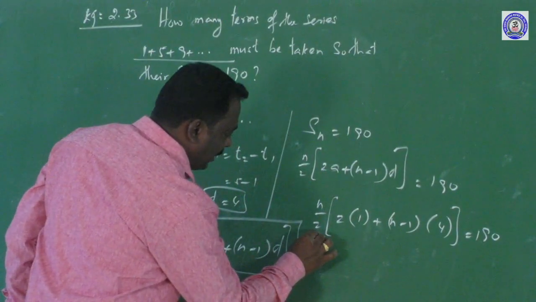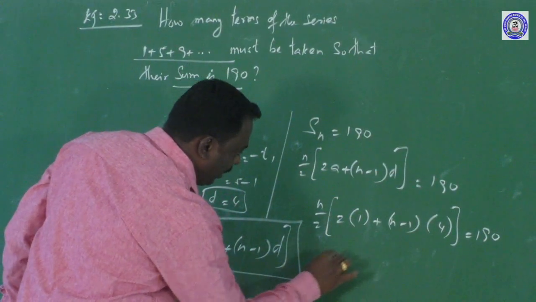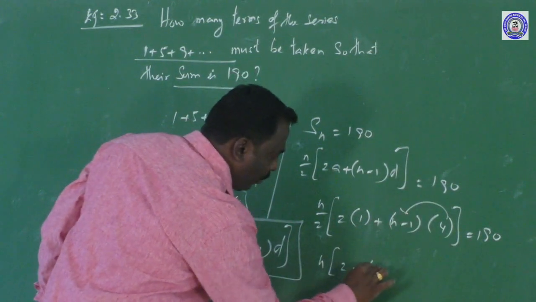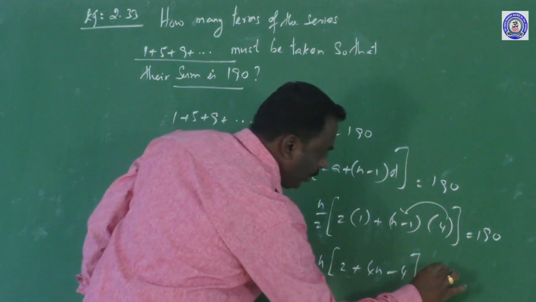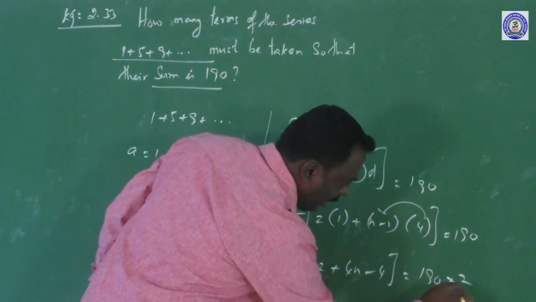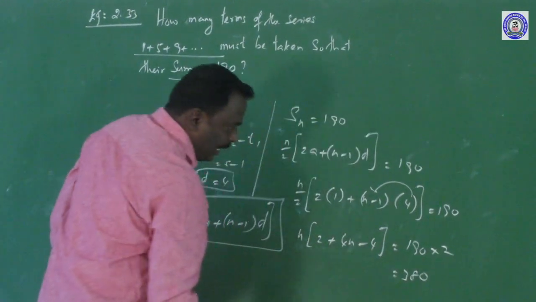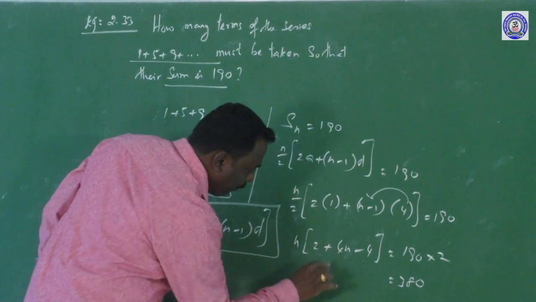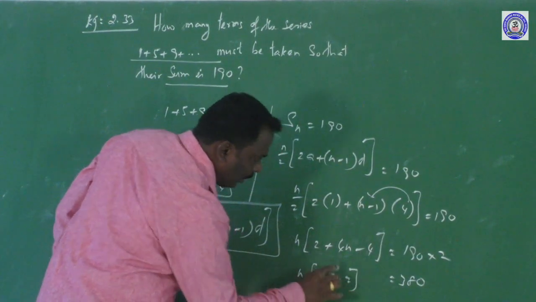Now just transfer the 2 to the right hand side of the equation. n within the bracket 2 plus multiply 4 in the bracket, 4n minus 4, is equal to 190 into 2, that is 380.